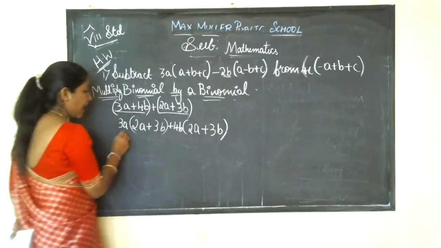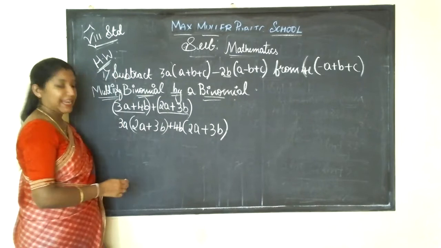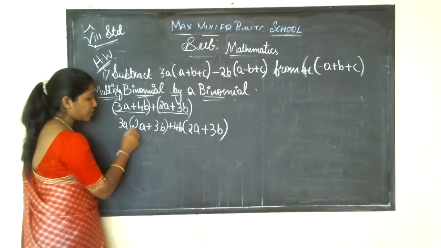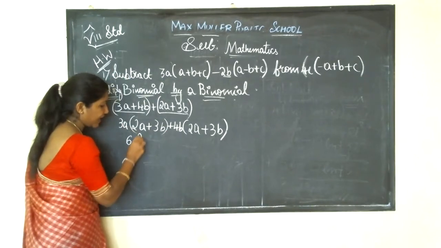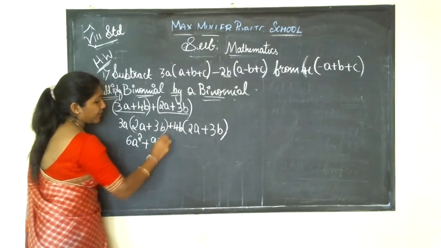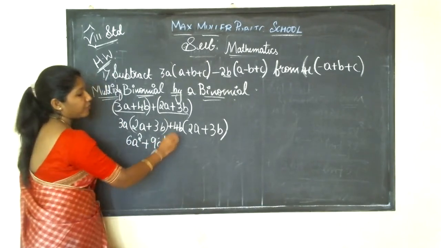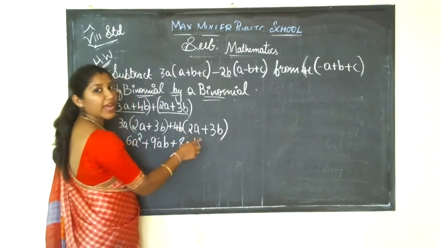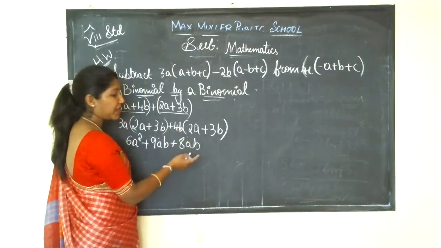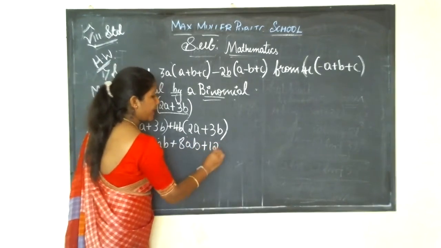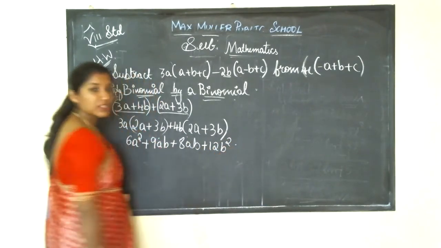Okay. Now, just multiply. Now it has become monomial with binomial, right? You can easily multiply. So 3 2s are 6, a into a, a square, plus 3 3s are 9, ab, plus 4 2s are 8, ab, b into a or a into b, it's one and the same, plus 4 3s are 12, b into b is b square.